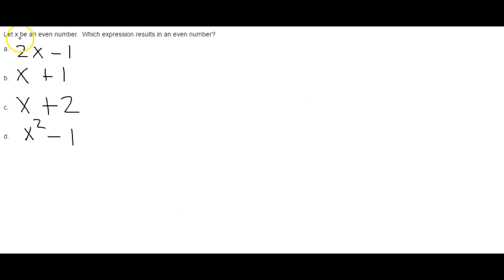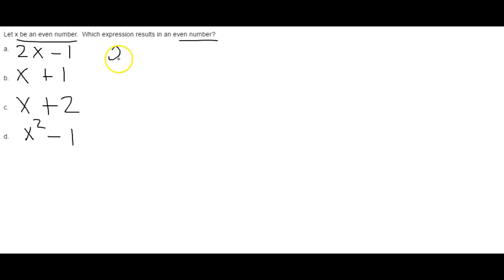Let x be an even number. Which expression results in an even number? So again, one of the best ways, instead of just trying to think about what does that mean, what is this variable, is to pick a number. So for an even number, I'm going to pick the smallest even number, 2. Everywhere I see x, I'm going to replace it with 2 and see what happens.